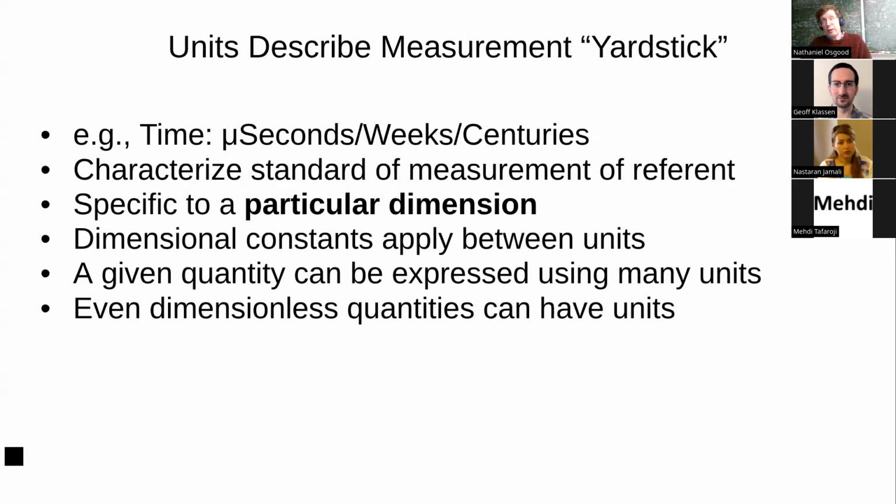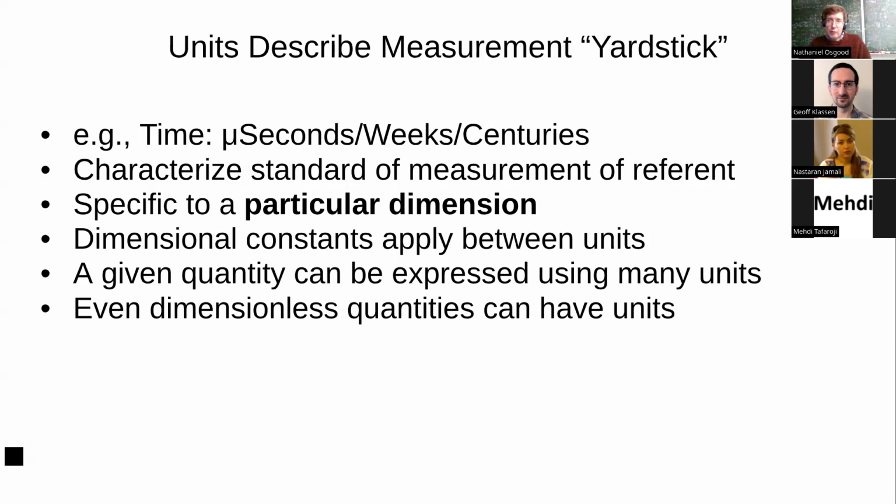And a given quantity, let's say a length of time that I slept last night, right? That could be expressed in different units, right? I could elect to express it in seconds or minutes or hours or kind of weird days or centuries, right? If I were Rip Van Winkle, particularly.